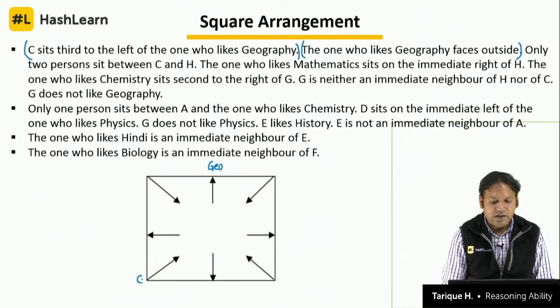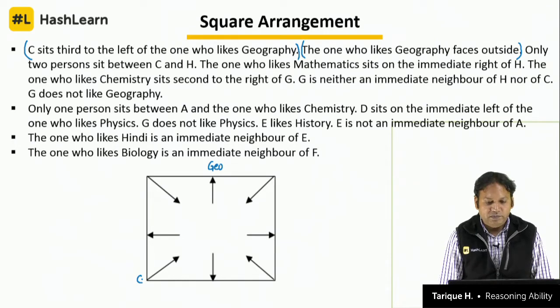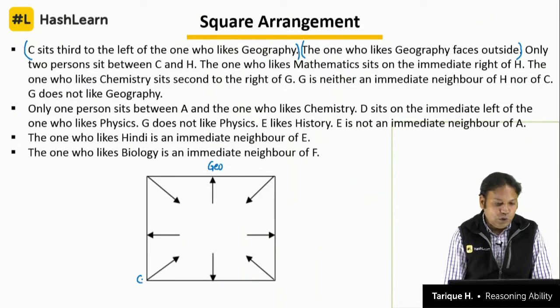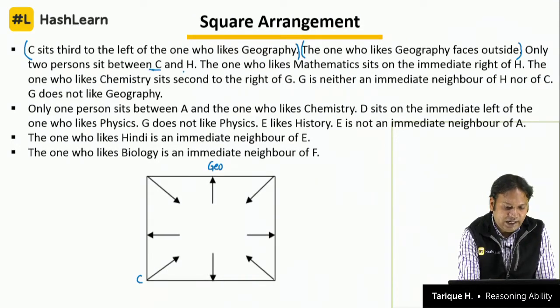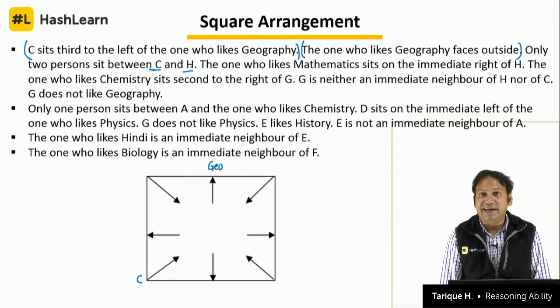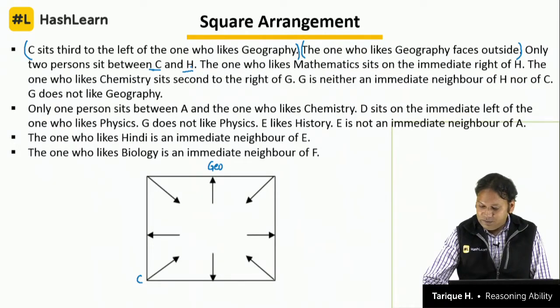C is third to the left of the person who likes geography, and the person who likes geography faces outside. So now we know that C is at the vertex, at the corner. Only 2 persons sit between C and H. We don't know where H is placed, because if there are 2 persons between C and H, there are 2 possibilities.